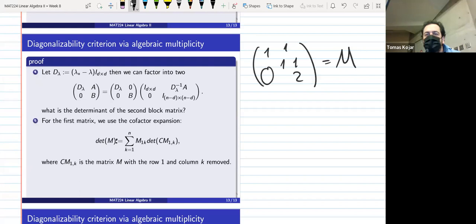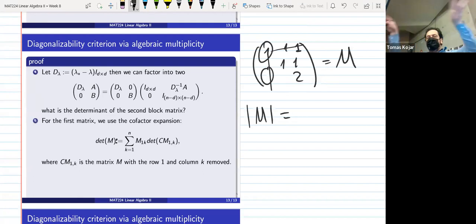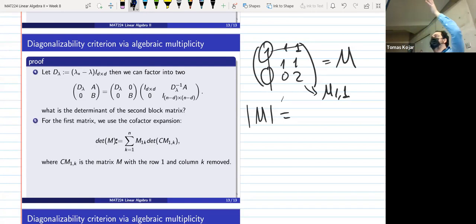So the determinant of M: you take the first entry and you remove the first row and first column. This is called M11 because you remove the first column and first row.